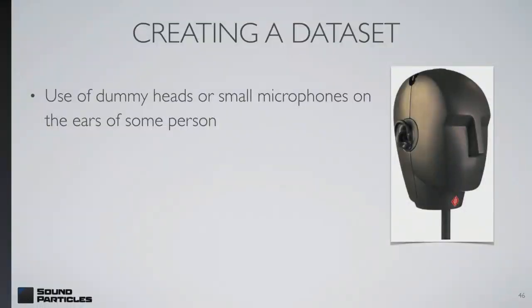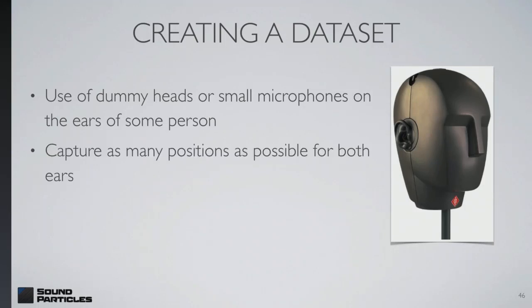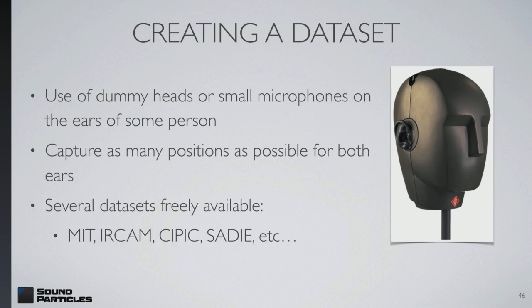So how can I create a data set? Well, if you want to create a data set, you simply use this dummy head like you see in the image, or eventually you use very small microphones positioned in the ears of someone, and then you start capturing the impulse responses for different positions around you, and you get all these impulse responses. The good news is that you don't need to do any of this.